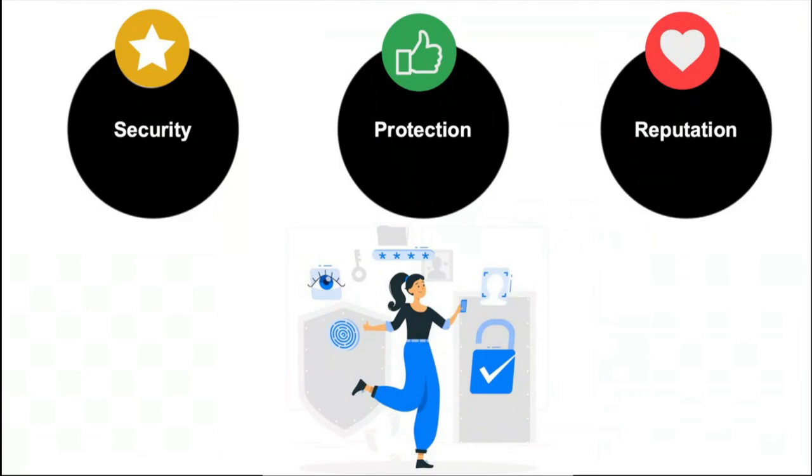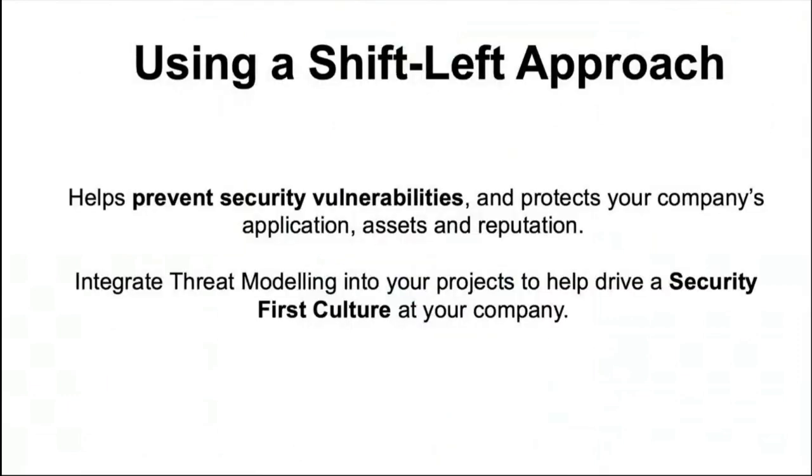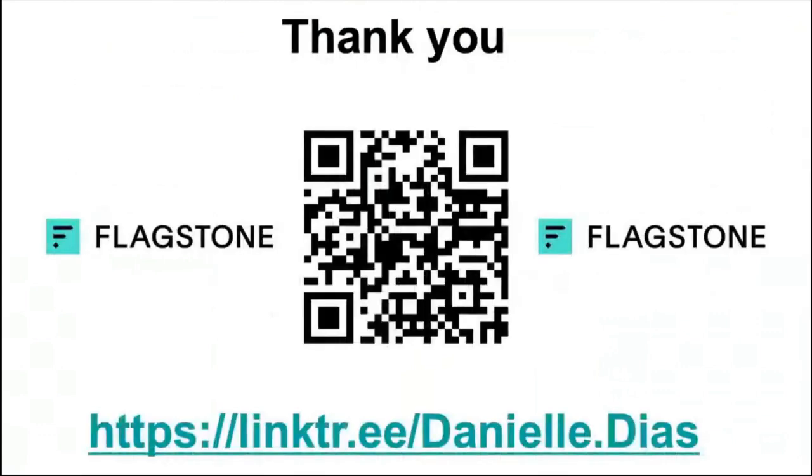Prioritize security early on in your software development lifecycle. Using a shift-left approach helps prevent security vulnerabilities and protect your company's application, assets, and reputation. Integrate threat modeling into your projects to help drive a security-first culture at your company.